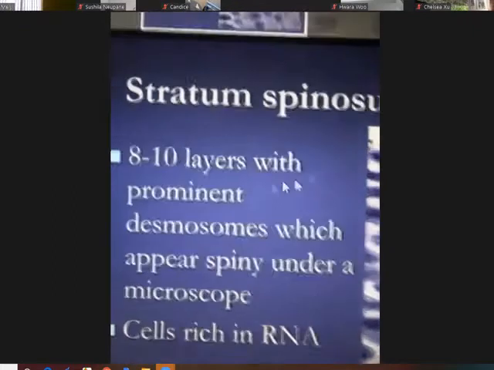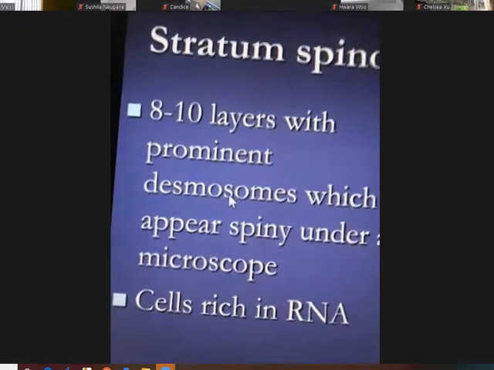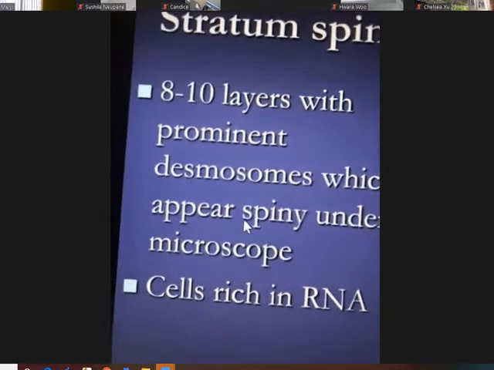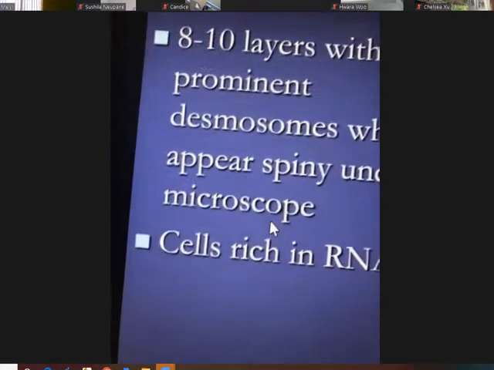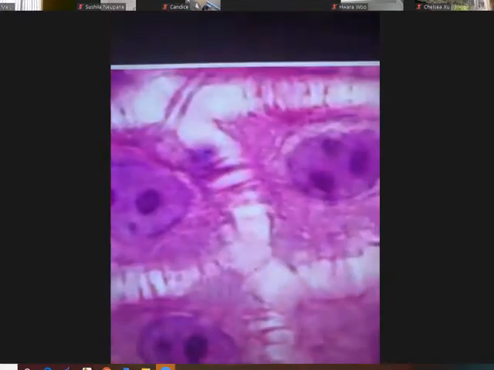Now, the stratum spinosum has 8 to 10 layers, with desmosomes, which look spiny under the microscope, and is rich in RNA. That's why you can see all this spine, these spines, these are the desmosomes. This spine here is the one that sticks the cells together.